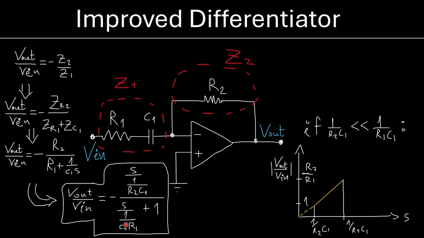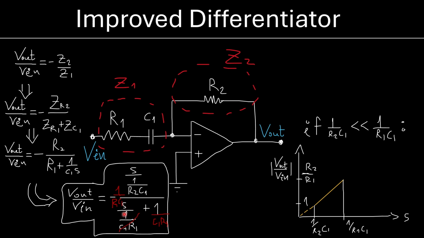So if we draw it like this, 1 over R1C1, 1 over R1C1, we multiply this and divide by this here.